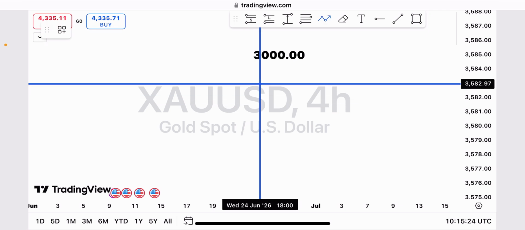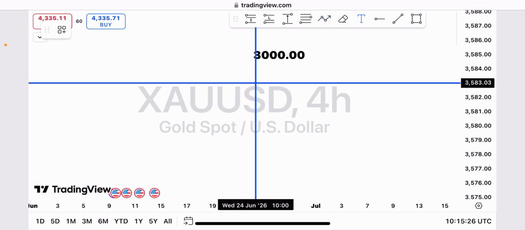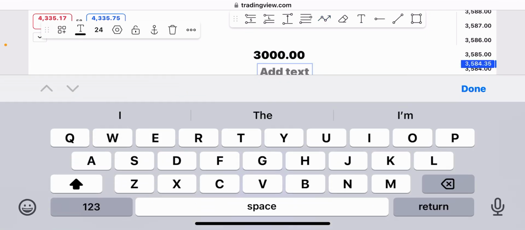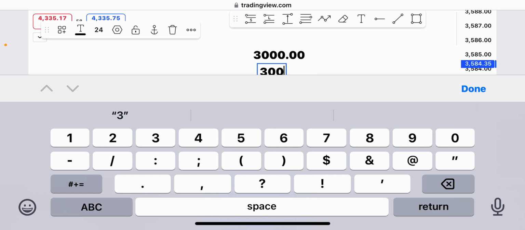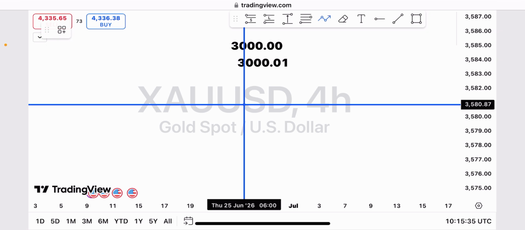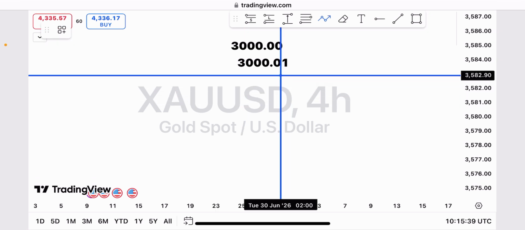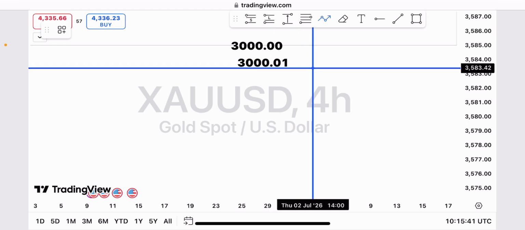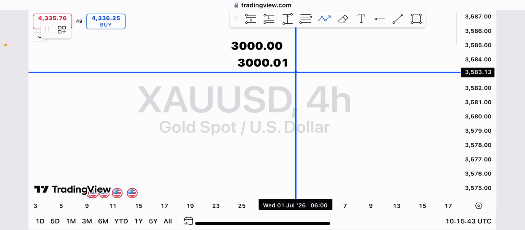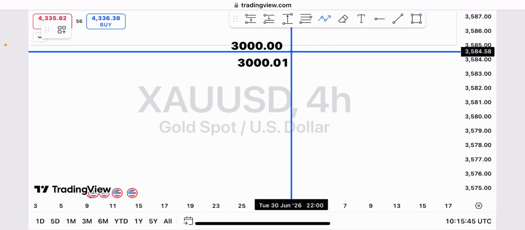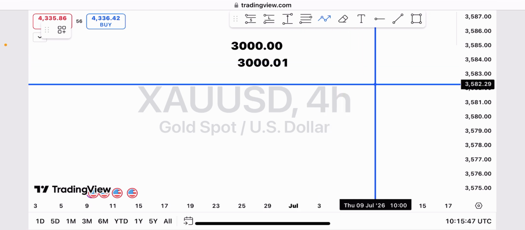Now let me take this particular reading again. We have 3,000.01. Now listen attentively. This 0.01 change in this reading is the pipette.